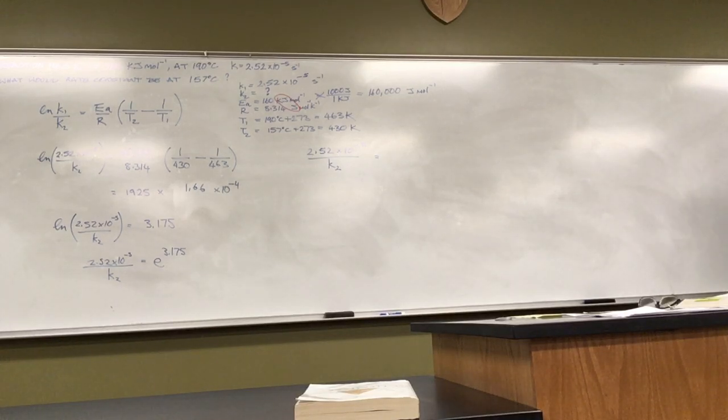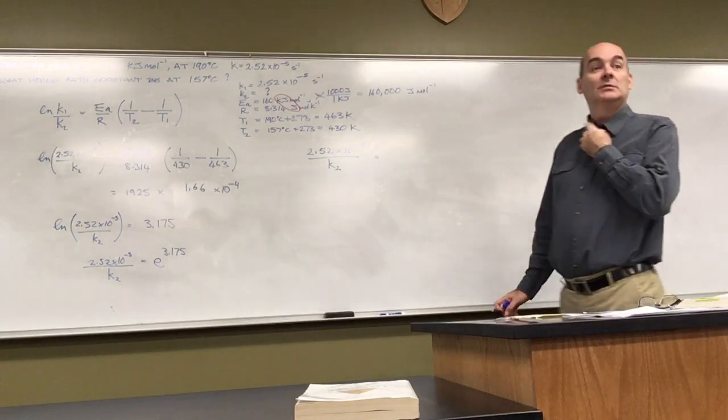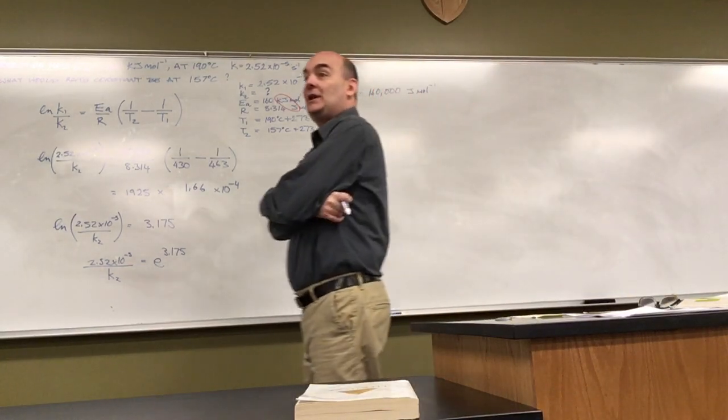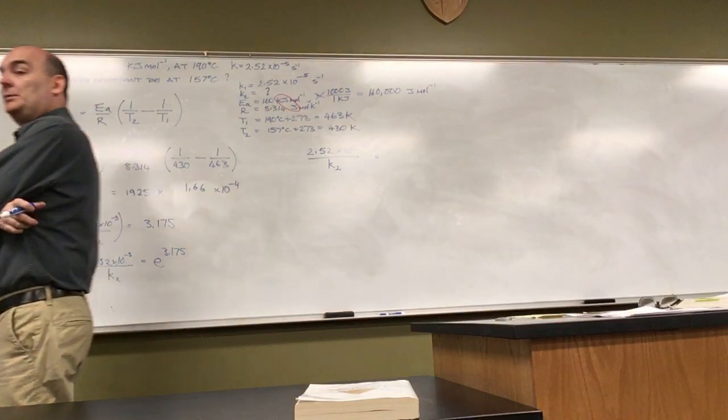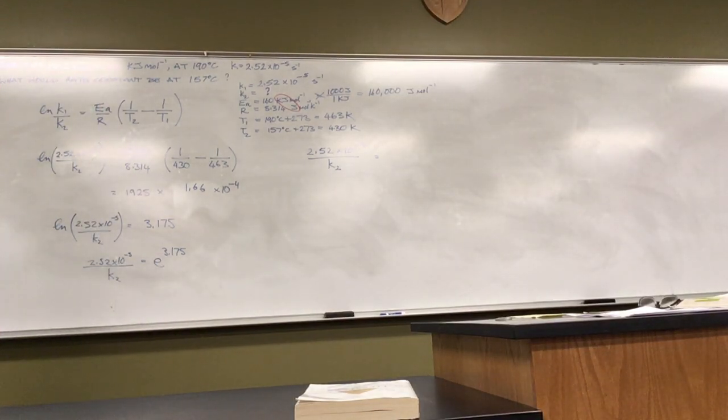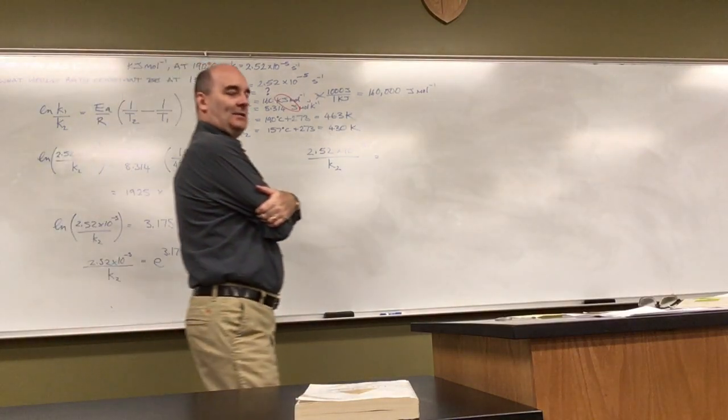So the e to the x button is probably the second function on the same button as your natural log button on your calculator. And if it's not, it's probably close to it, because they usually group them together.